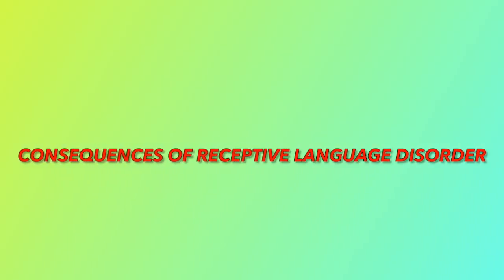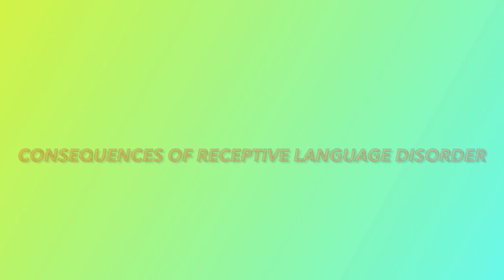Receptive language disorder is developmental, and affected persons display receptive challenges from preschool stage and can continue into adulthood. We briefly mention how receptive language disorder impacts people of different ages.